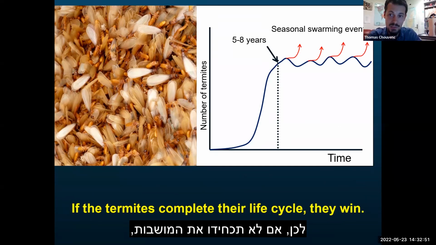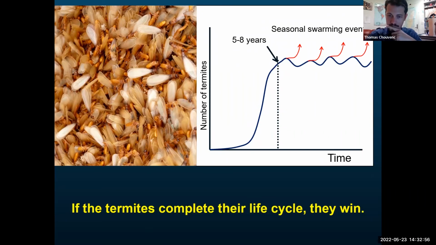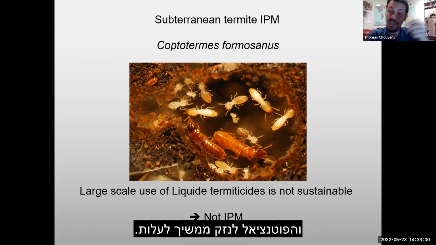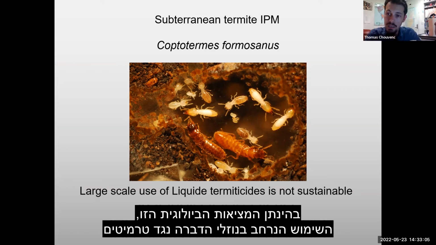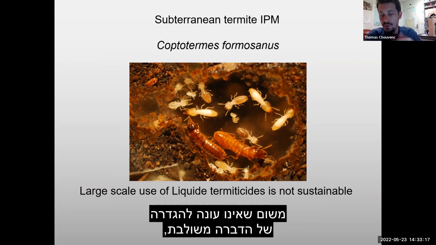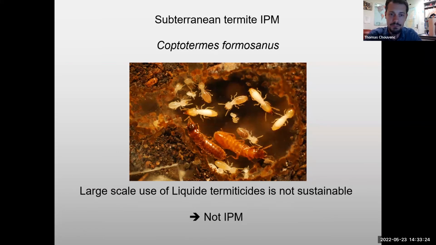So if you don't eliminate the colony, but you just temporarily protect the structure with liquid termiticide, you don't really do much because you allow more colonies to establish and the potential for damage keeps increasing. Given this biological reality, the large-scale use of liquid termiticide is simply not sustainable because it doesn't fit the definition of IPM, which is integrated pest management, which is a big thing in urban entomology.